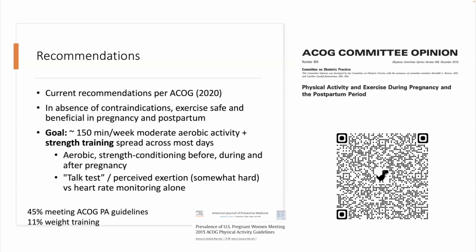So that means over half your patients really aren't even meeting that in terms of just basic aerobic exercise. And out of those 45%, only 11% were doing any type of strength or weight training. Again, mindful, this is 2015, so 10 years have passed. These numbers have probably changed significantly, especially with more awareness of the safety of exercise in pregnancy, but just something to keep in mind.